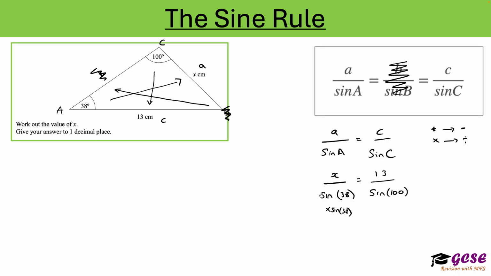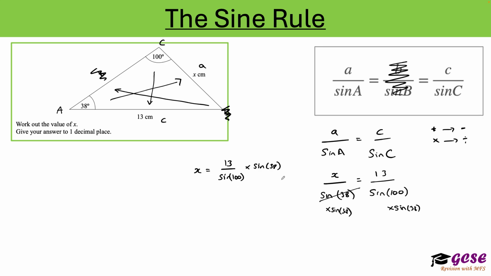And whatever we do to this side, we must do to the other side. So we need to multiply by sine 38 on this side as well. Because we've multiplied by sine 38, we've got rid of this sine 38 because we've done the opposite. That will leave x by itself. So x will be equal to 13 over sine 100 multiplied by sine 38.